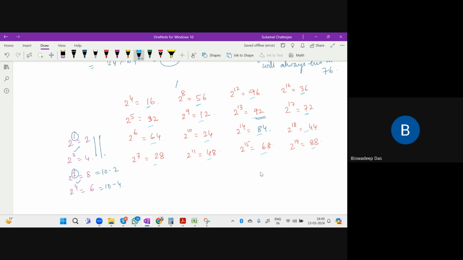For the first two rows, the second last digit is odd. Correct. And for the last two rows, the digit is even. Very good.